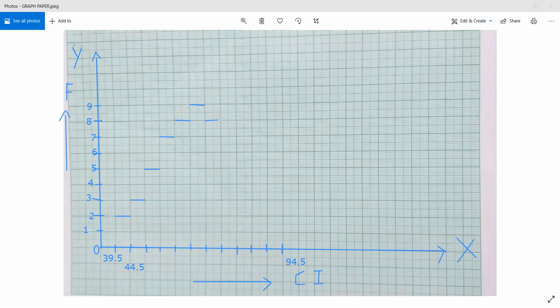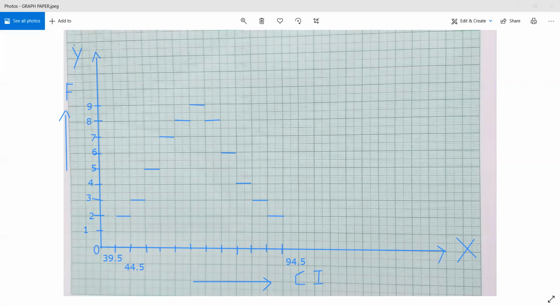The next class you have frequency 6. Next class you have frequency 4. Next class you have frequency 3. And the next class, the last class, you have frequency 2. All right, so we have put the points. Now we're going to join the points.